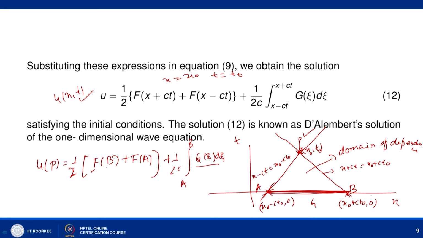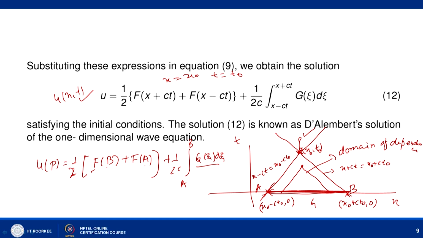And one more important point: if you take any point in this triangle, say here, and you find out the solution, again your solution will depend something like this. So, it means that if you take any point inside your triangle, your domain of dependence is a subset of this AB.